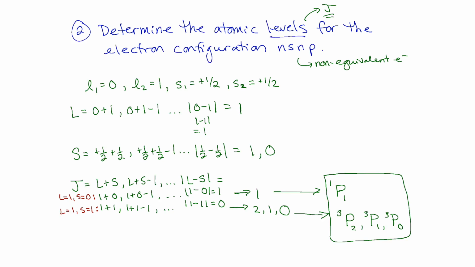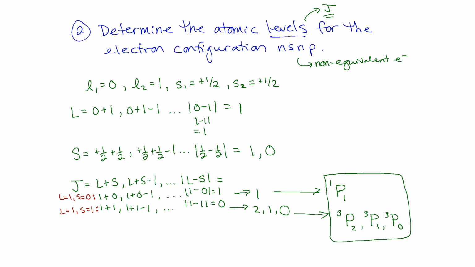If you have multiple values of L and or S, you're going to have to do multiple series to get your J values. So we've got 2 different sets of J calculations because we have 2 different options for the S. So that leads us to our singlet P1 from our first set of L and S values, and then we get 3 additional levels from the other combo of L and S.